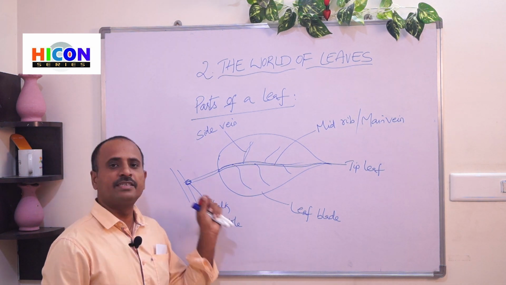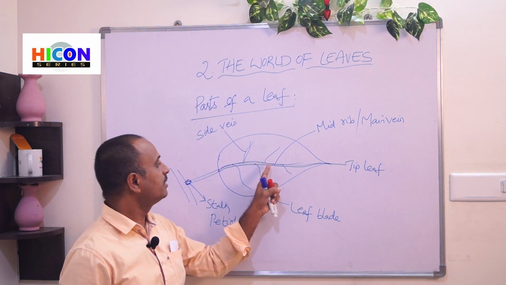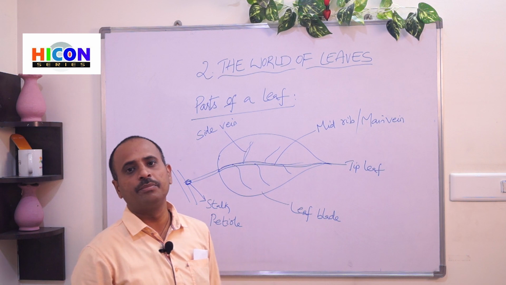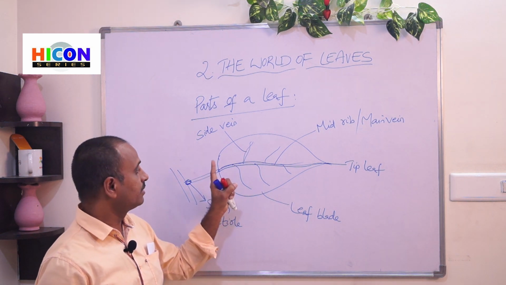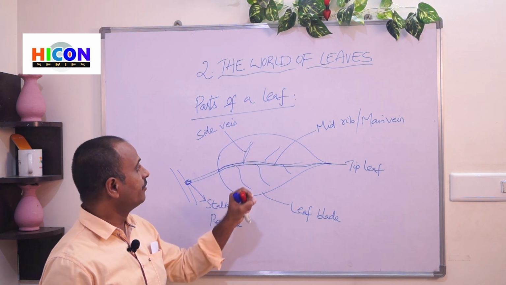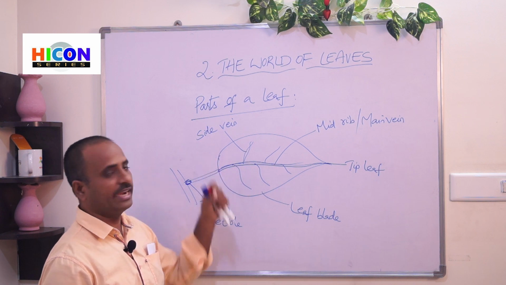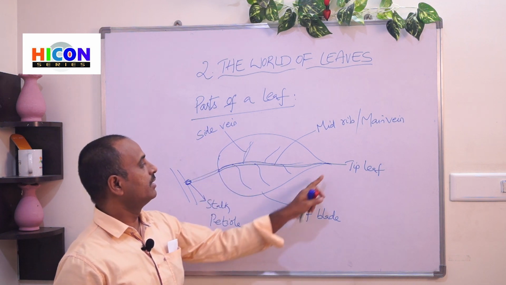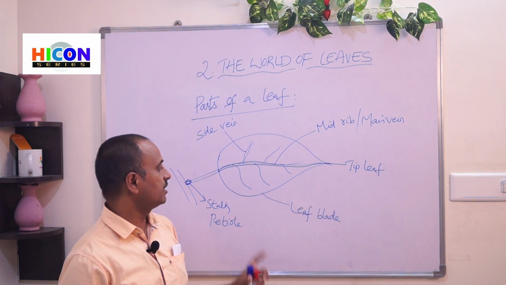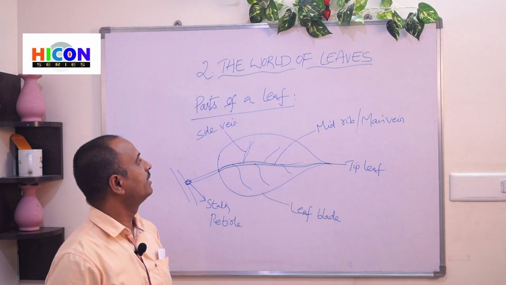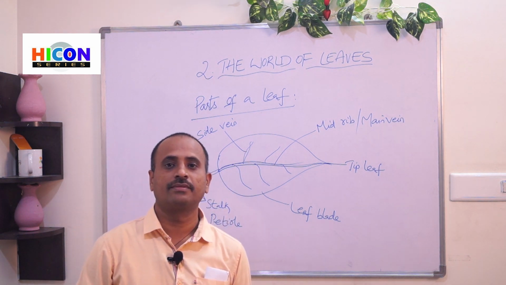The thick tube that passes through the middle of the leaf is called midrib or main vein. There are some thin veins that grow on either side of the midrib, called side veins. And the tip of the leaf is called leaf tip. These are some important parts of the leaf.